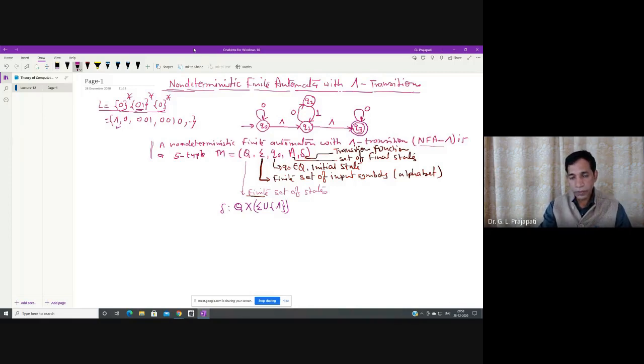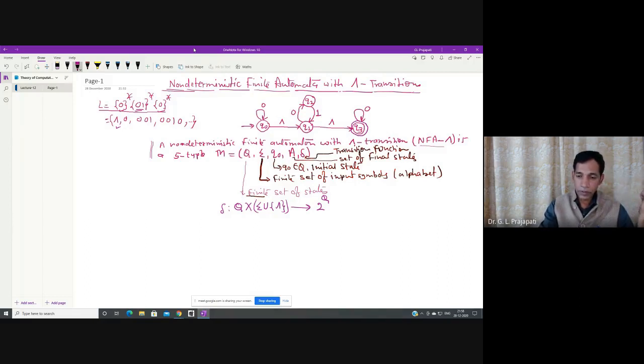Since in the case of input symbols the null is not included, explicitly you have to include this. And then it goes to any subset of Q. So your machine goes to some subset of Q. Again, your machine can go to more than one place instead of only one place.